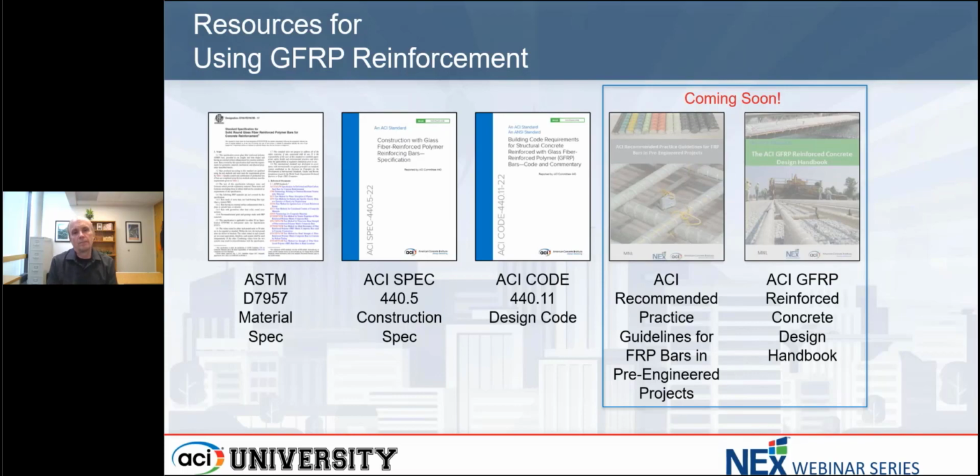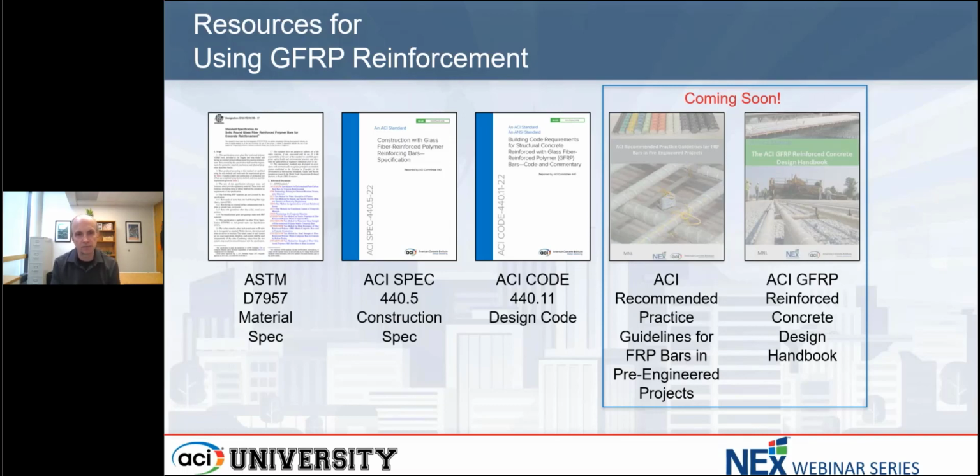The other point that I want to make, and the point that I made at the onset of this presentation, is that with GFRP reinforced concrete, all of the things are in place now for using this material in a very appropriate and responsible way. And these are the highlights of that. We have material specifications for FRP reinforcement.